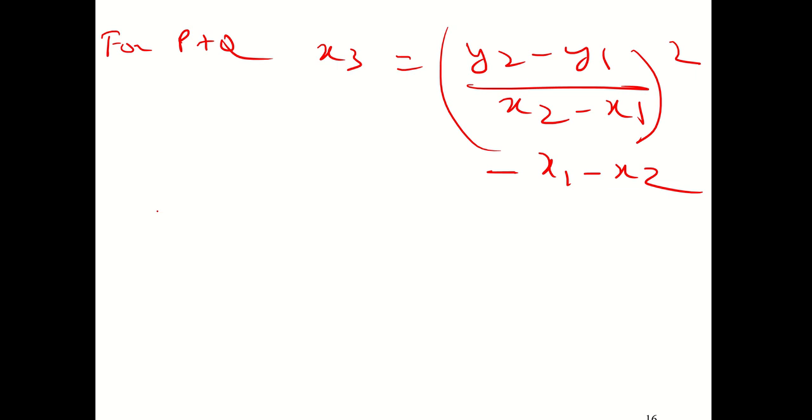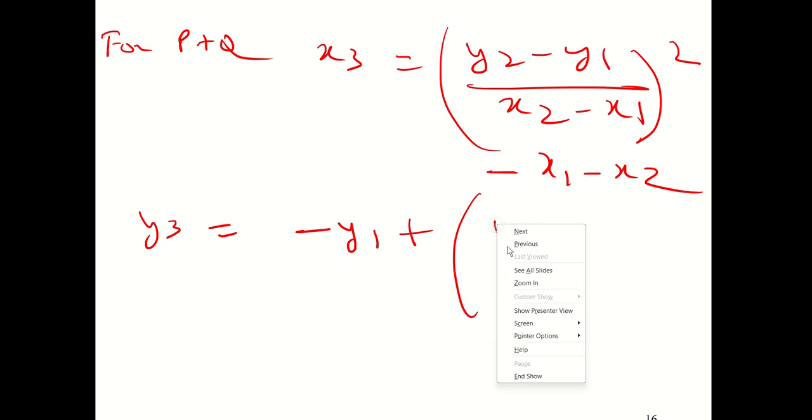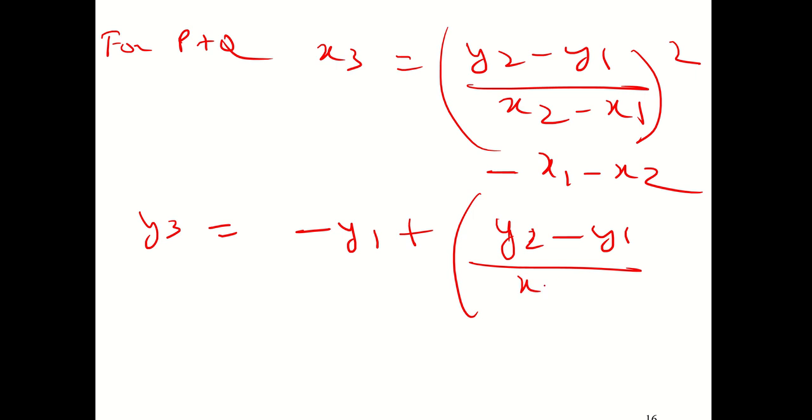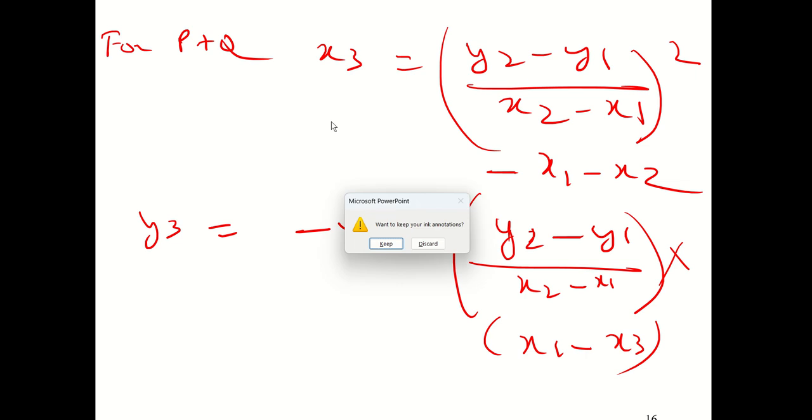To find the point y3, again the same thing: y3 equals minus of y1 plus ((y2 minus y1) over (x2 minus x1)) times (x1 minus x3). So this is the whole equation. Just write it down. Then let's go back.